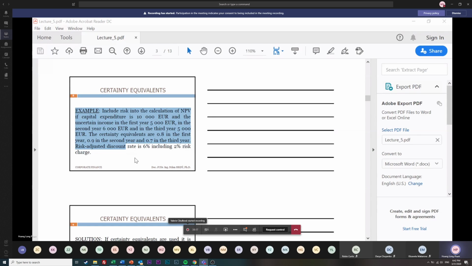So for project risk analysis, the first two exercises should be easy, like calculating certainty equivalent and sensitivity analysis. The way to calculate these two, you have in the lecture.